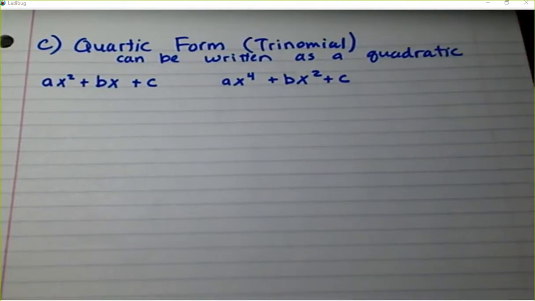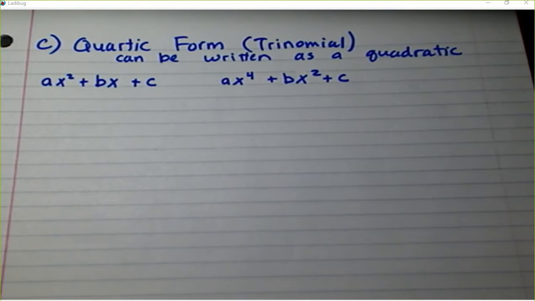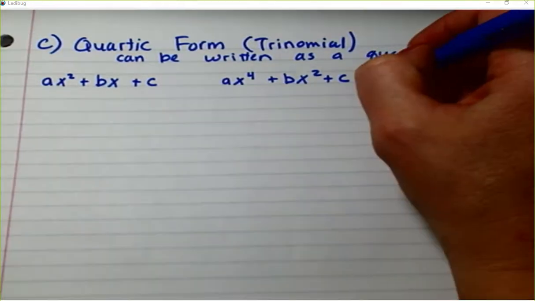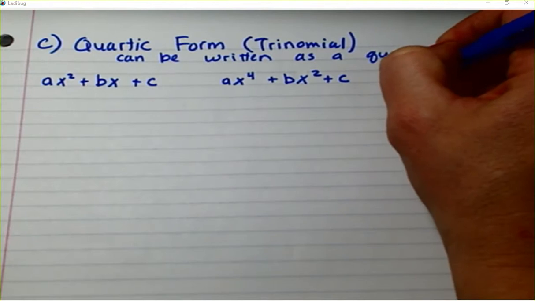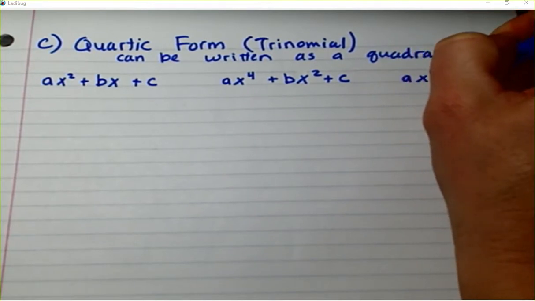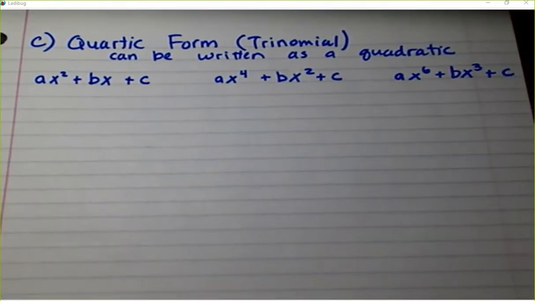Okay, I'm going to write one more. Ax to the 6th plus bx cubed plus c.